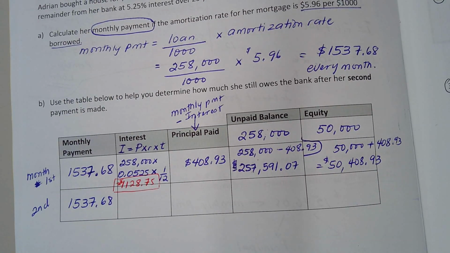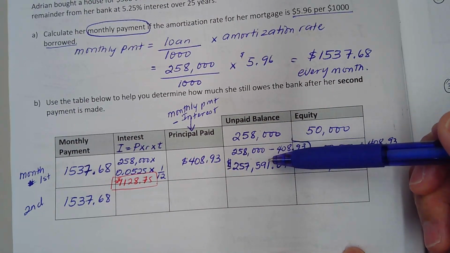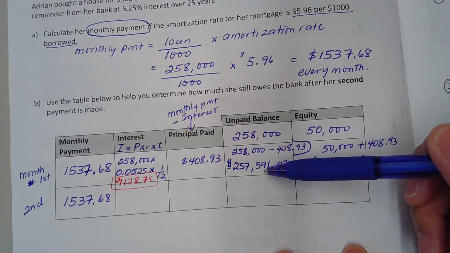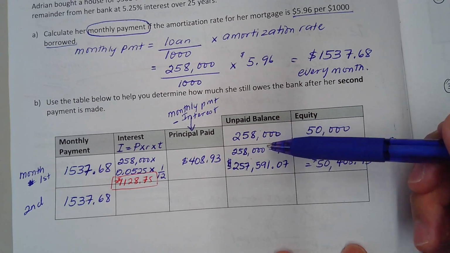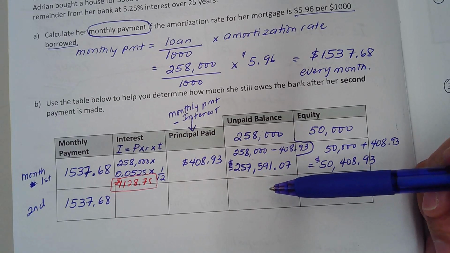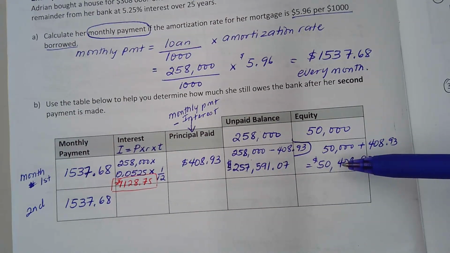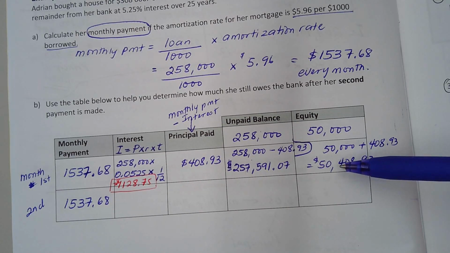What's happening to the unpaid balance? Did it go up or did it go down? The unpaid balance should be going down, right? Because you're slowly paying it off. And what's happening to your equity, how much money you've already invested towards your home?